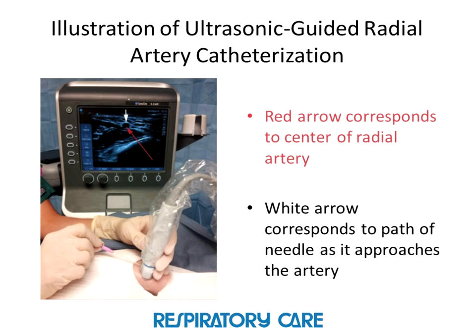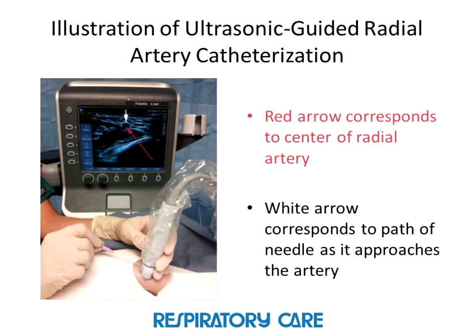So, in fact, we can see exactly what we're doing. And this makes the procedure much more safe than just simply palpation and thinking that we have the right location of the artery. So it's kind of neat to be able to do this in this way.